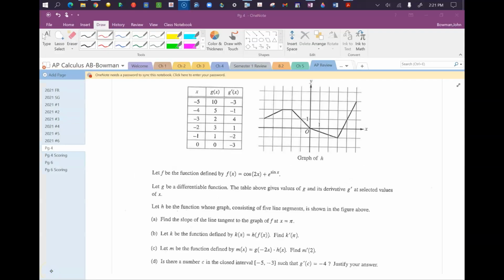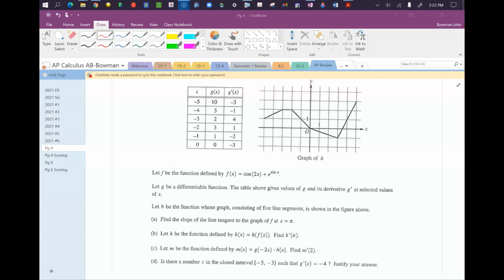So our first question here is a no calculator free response question, and let's see what they tell us about this. Let f be the function defined by f of x is equal to cosine of 2x plus e to the sine x. Let g be a differentiable function. The table gives values of g and its derivative g prime at selected values of x.